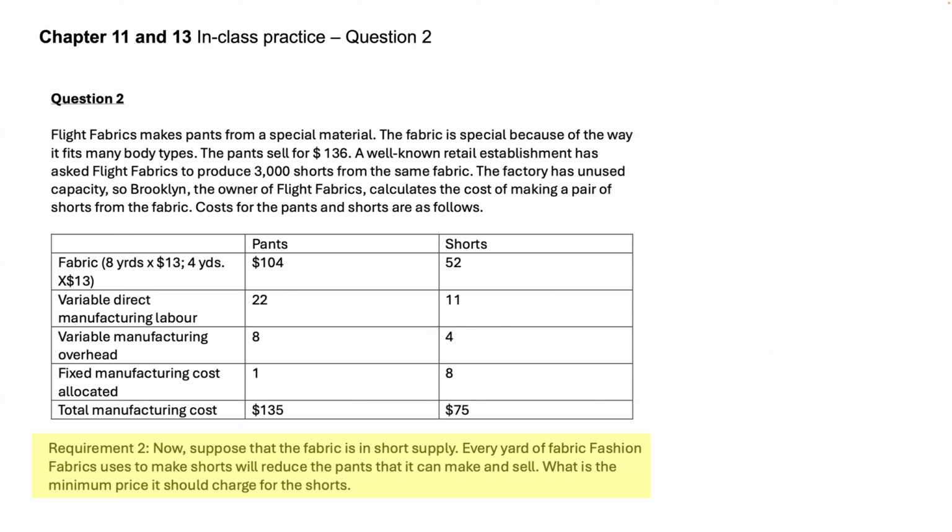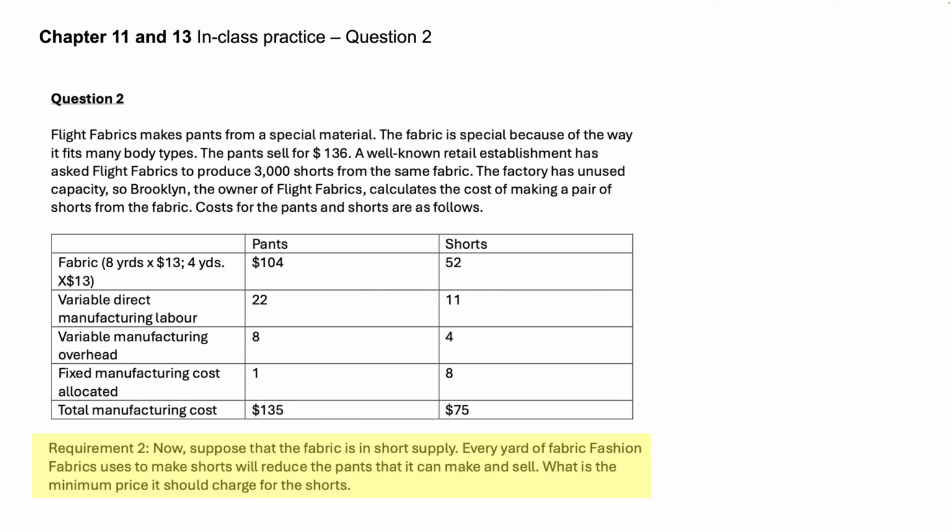So therefore, when you consider how much price you charge on the shorts, you have to consider the opportunity cost you give up for not making the pants. We have learned the incremental cost is $67, including the materials, labor, and the variable overhead. But now we have to add the additional opportunity cost.